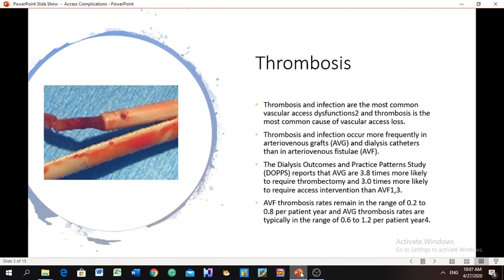The Dialysis Outcomes and Practice Patterns Study reports that arteriovenous grafts are 3.8 times more likely to require thrombectomy and 3 times more likely to require access intervention than arteriovenous fistulas. Arteriovenous fistula thrombosis rates remain in the range of 0.2 to 0.8 per patient year, and arteriovenous graft thrombosis rates are typically in the range of 0.6 to 1.2 per patient year.